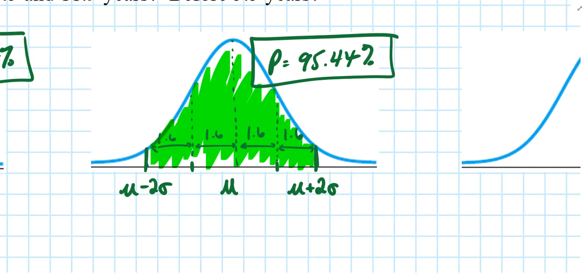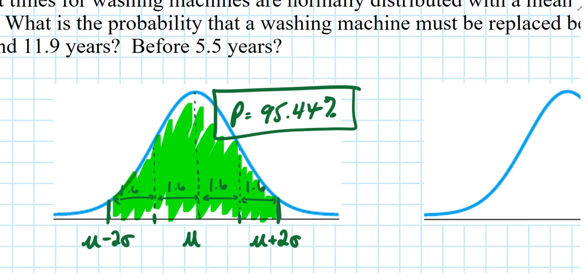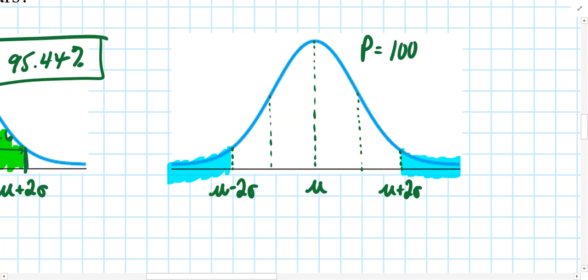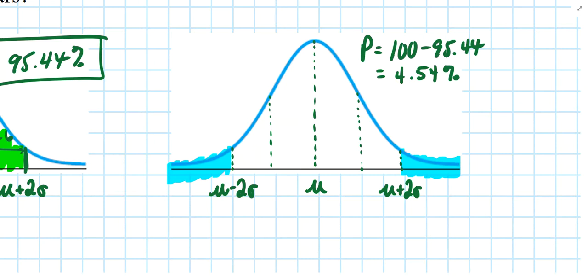What about the probability of needing to replace it before it is 5.5 years old? Well, keep in mind that the total area under the normal curve is 100%. So the area under the curve outside of the two boundaries is 100 minus 95.44, or 4.56%.